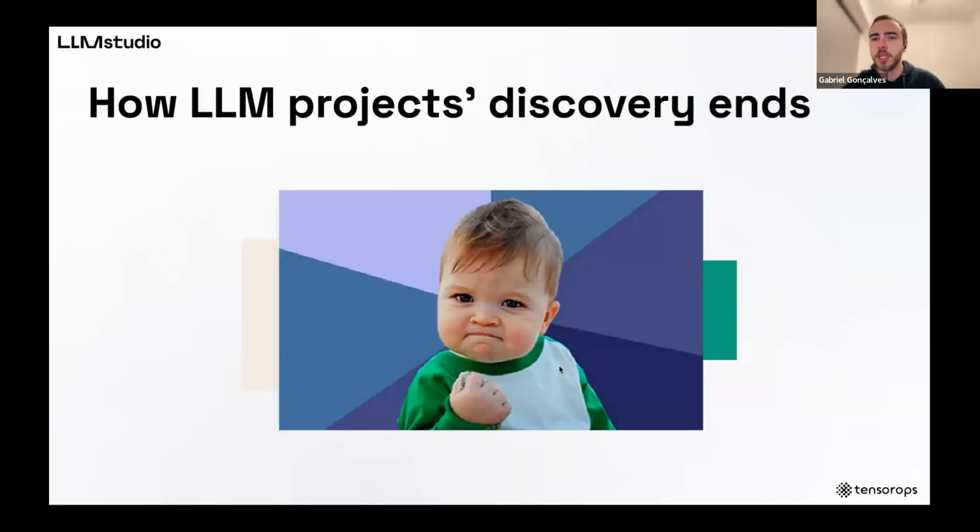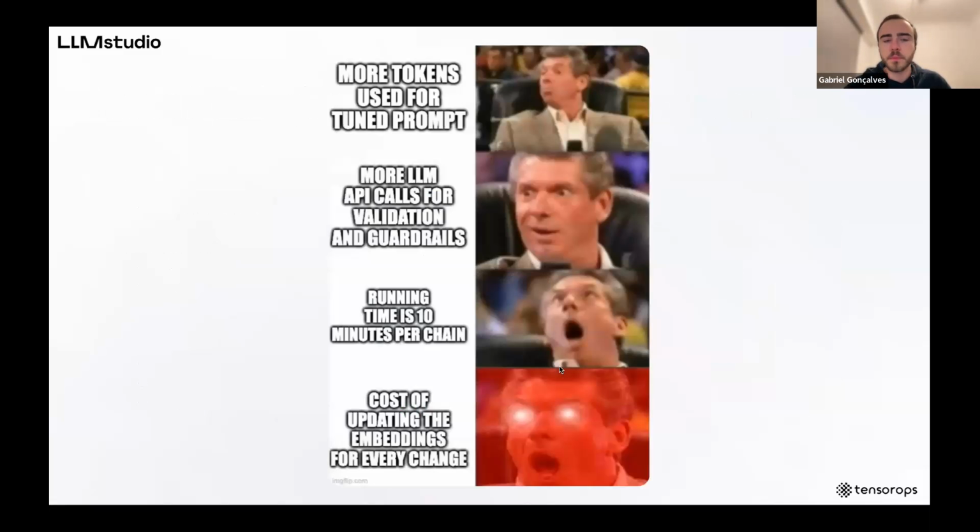Everything looks really good. But then you start iterating on the initial discovery, and you need to do some prompt engineering, you need to do more LLM calls for validation and guardrails, and then everything starts to become slow. You need to pay for embedding, so everything starts to get expensive, and with more tokens, you just can't quite get to the last part where you go to production.